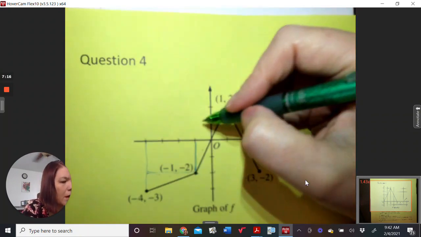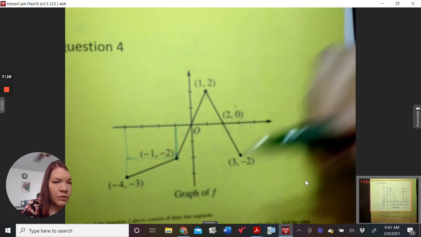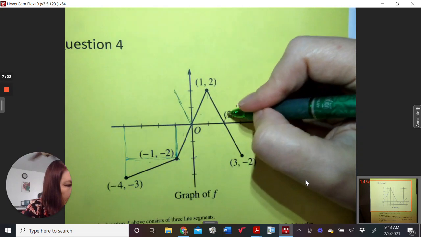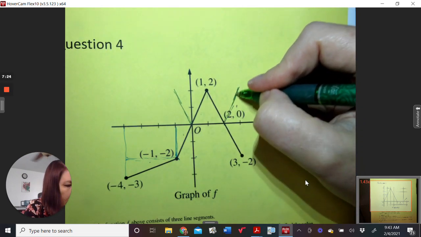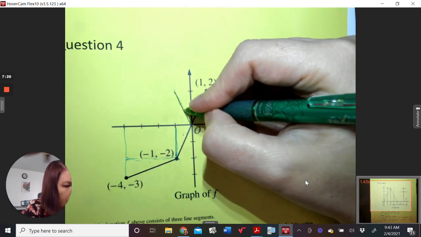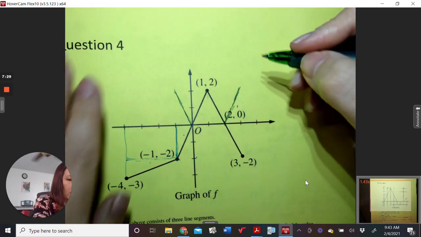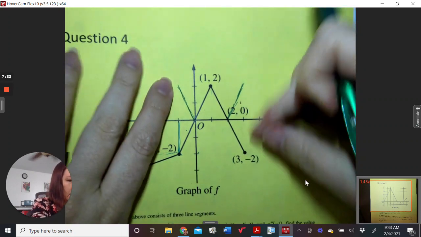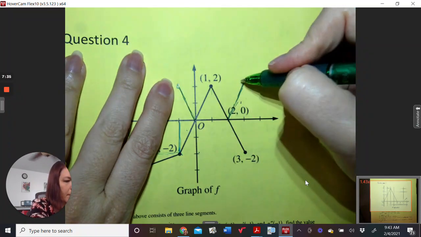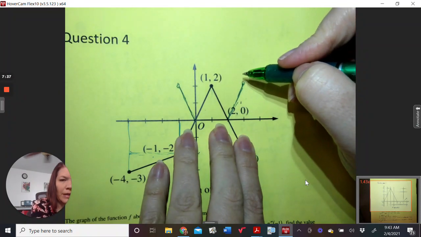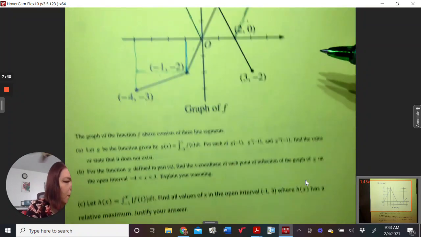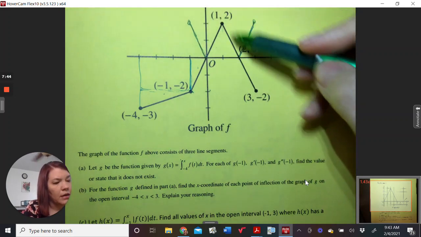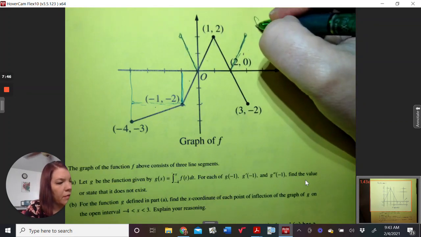I'm going to just draw the absolute value here, just on the interval from -1 to 3, which is all I care about. So I'm just going to pay attention to that W I just drew. If we look at the graph, this is the absolute value of f of t.